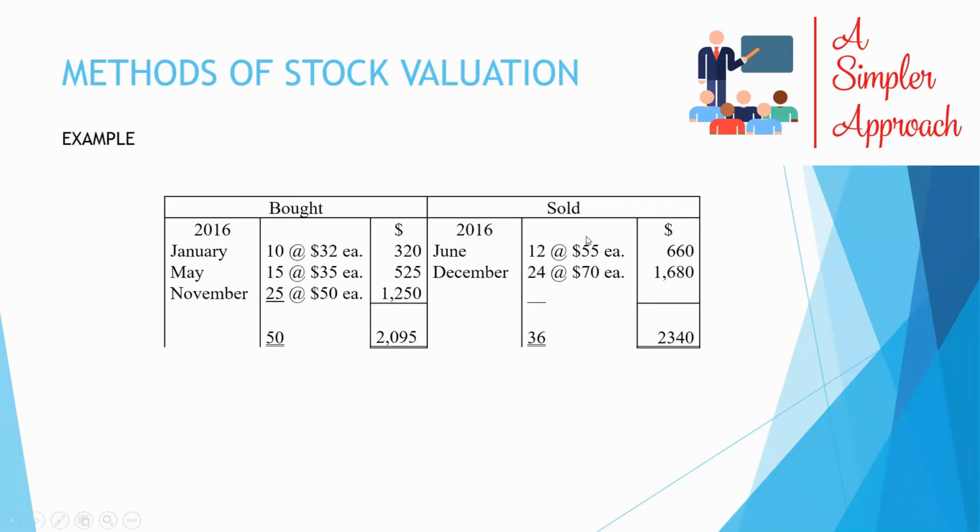This 55 and this 70 is not an issue to be dealt with right now. It will be dealt with in a separate case, which we will come to at the end of the lesson. So for the sold section, we are only concerned with how much. So for June, we're only concerned with 12. For December, we're only concerned with 24. Okay? Bear that in mind.